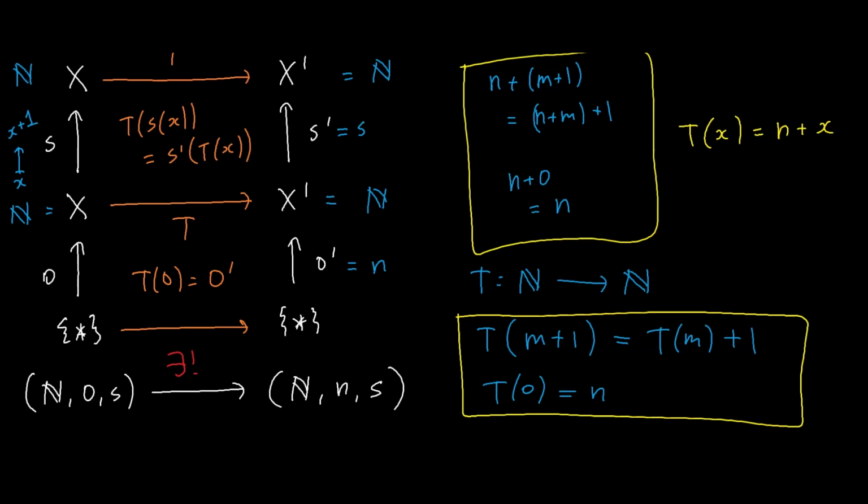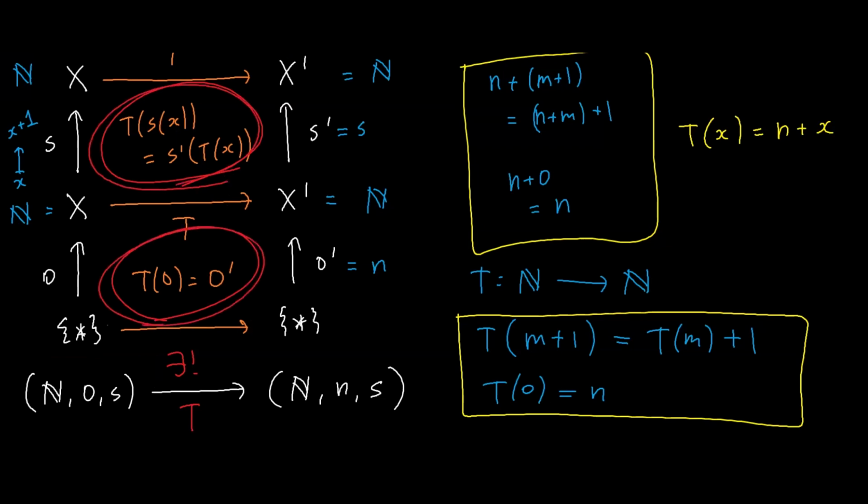Let's convince ourselves that this is so. If I have any other counting system, I'm looking for a unique T such that these equalities hold, right? Will such T be unique? Well, that's exactly the principle of recursion. The principle of recursion tells you that there is always a unique T that makes these equalities hold.